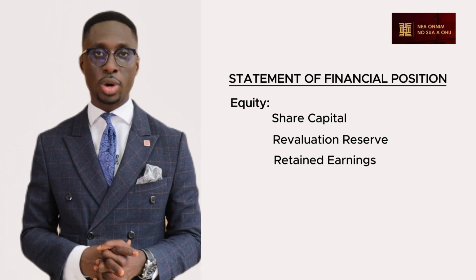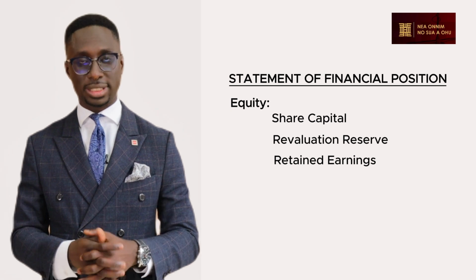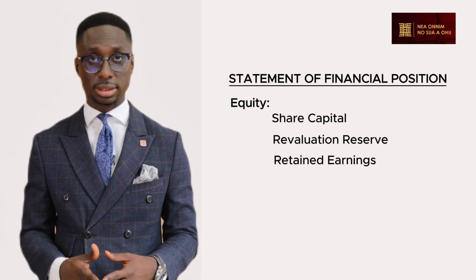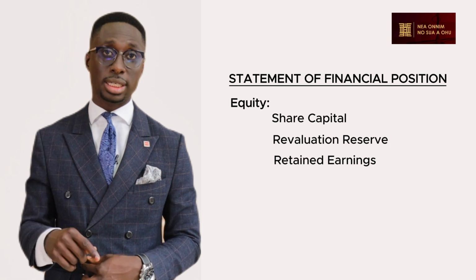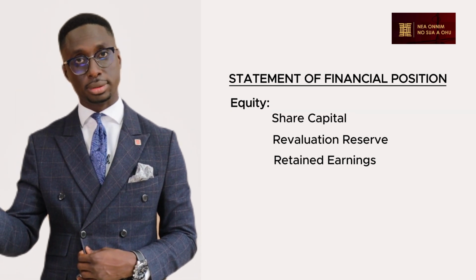And so let's say year one of operation, the business makes a profit after tax of 100,000 Ghana cedis. That 100,000 Ghana cedis will flow into the retained earnings account.